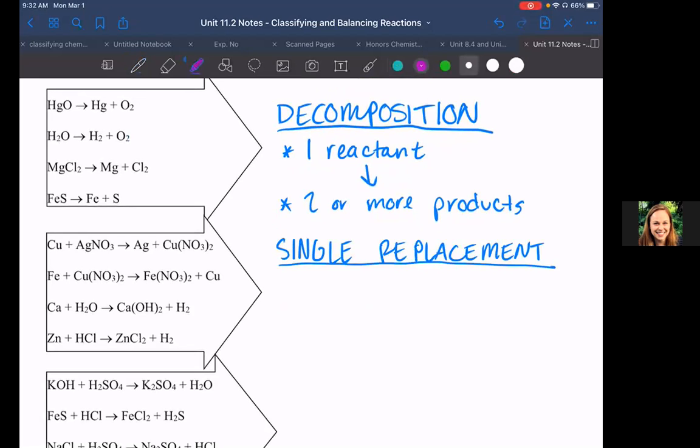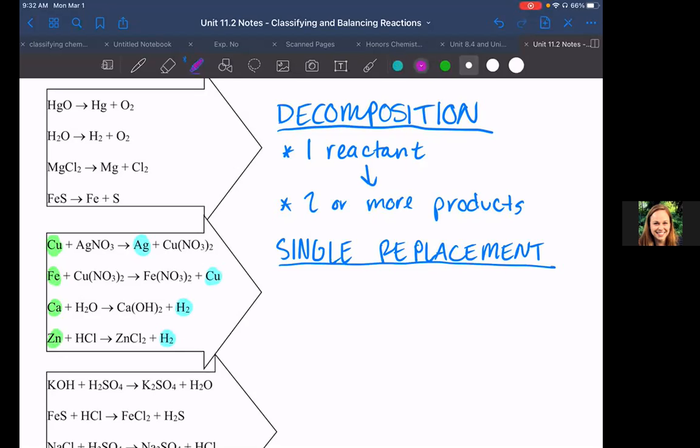I'm going to use a different color highlighter to emphasize this. If you notice, there is a single element on the reactant side for every single one of these questions. And then there's a different type of single element on the product side.